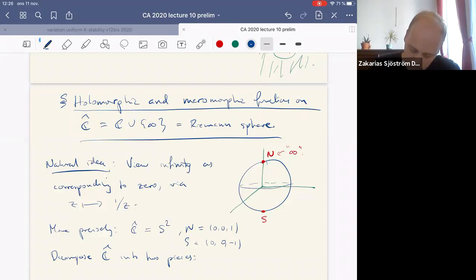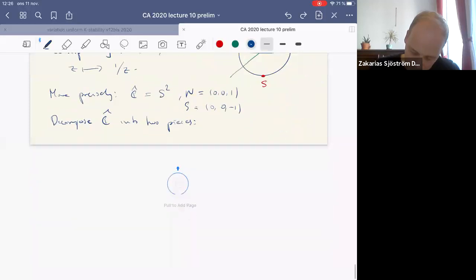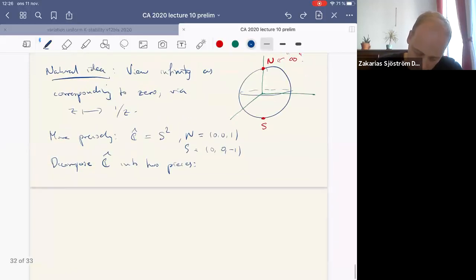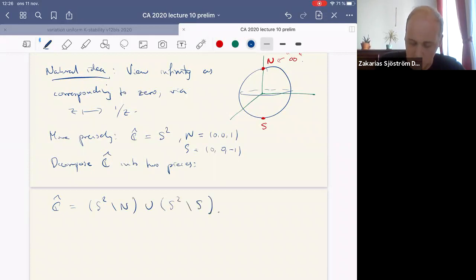As follows. So we write C hat as S2 minus the North Pole union S2 minus the South Pole.